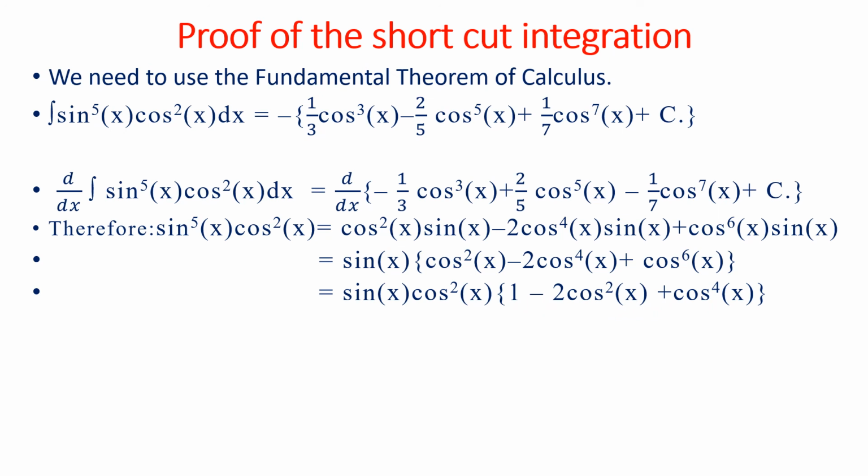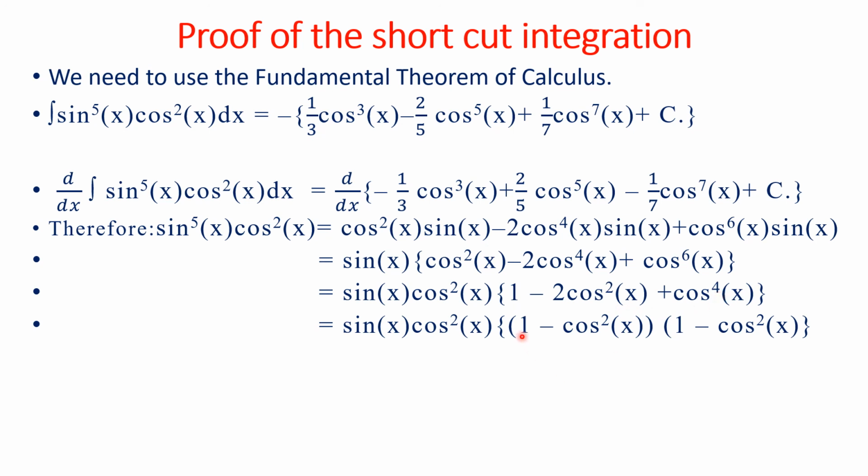Yes, we can. And this will simply be equal to 1 minus cosine square x multiplied by 1 minus cosine square x. If you want to check it out, you can just multiply 1 minus cosine square x by 1 minus cosine square x. You'll get this value.